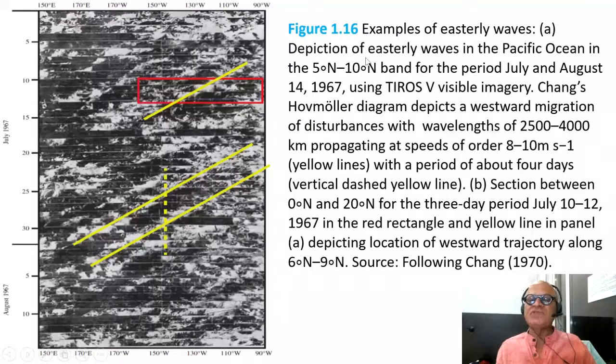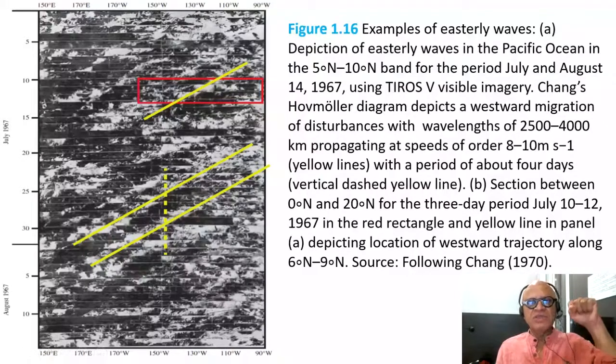Depiction of easterly waves in the Pacific Ocean in the 5 to 10 north band for the period of July-August 1967 using TIROS visible satellite imagery. Chang's Hofmüller diagram depicts the westward migration of disturbances, so easterly waves, with wavelength of 2500 to 4000 kilometers propagating at speeds of 8 to 10 meters per second.